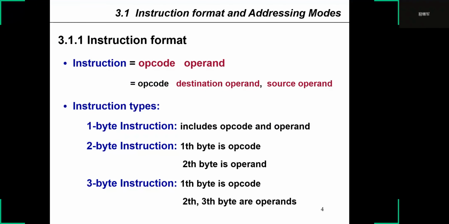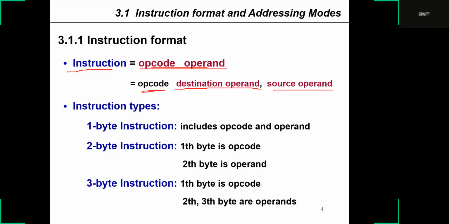Instruction format: an instruction is equal to opcode and operand. Opcode plus destination operand and source operand.